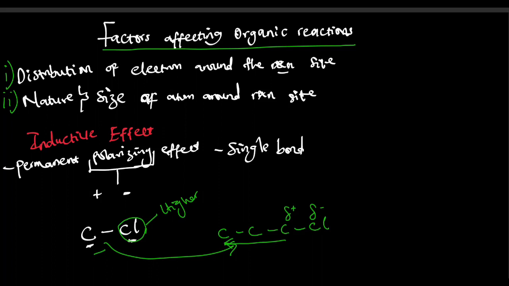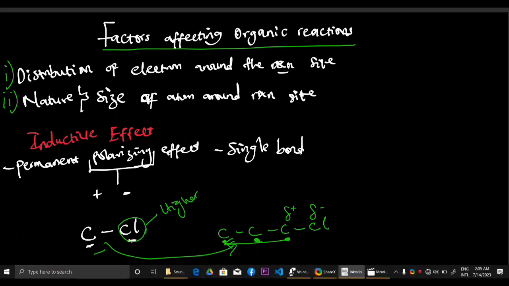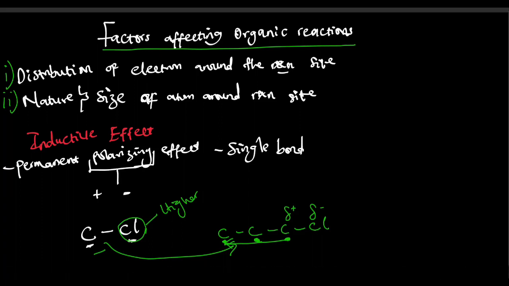But this polarizing effect, or inductive effect, tends to be insignificant beyond 2 carbons. The effect can only be felt between this carbon and this carbon. You hardly find the inductive effect on the third carbon.